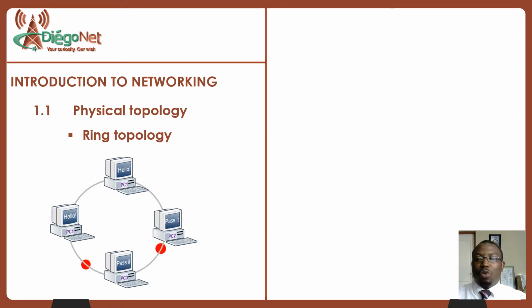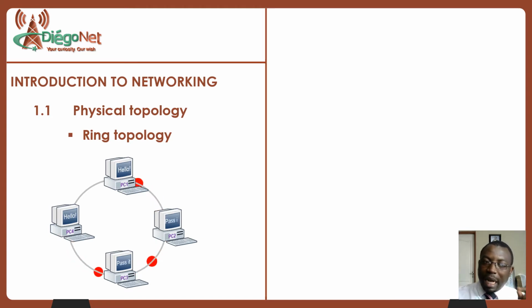But contrary to that, in the bus topology, when they receive a piece of data that does not belong to them, they drop it immediately. In this case, you can see PC1 built that packet and sent it across the network. The packet got to PC2. PC2 will look at the packet and say, okay, this address does not belong to me. It will forward it to PC number 3. PC number 3 will again check the packet and say, oh, this packet is not mine.